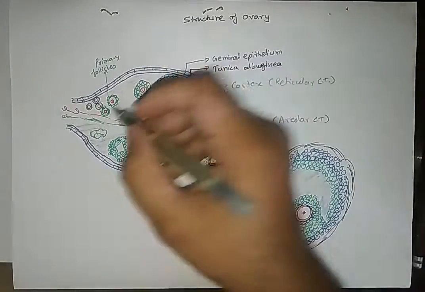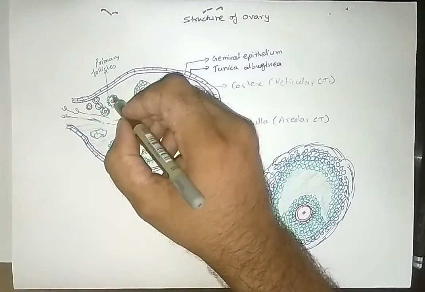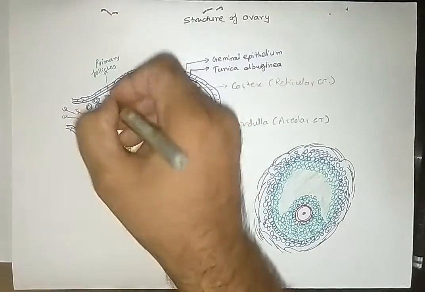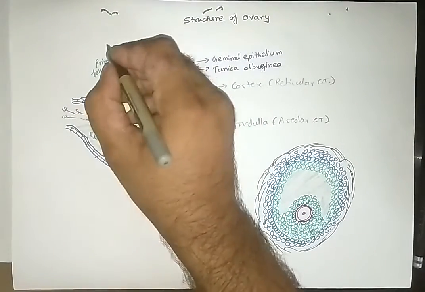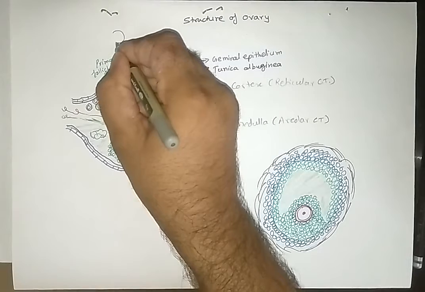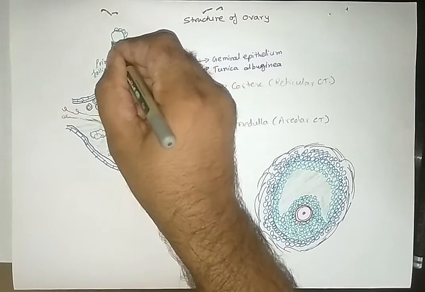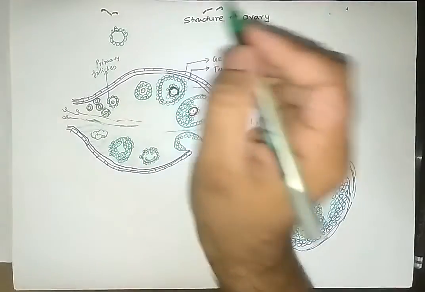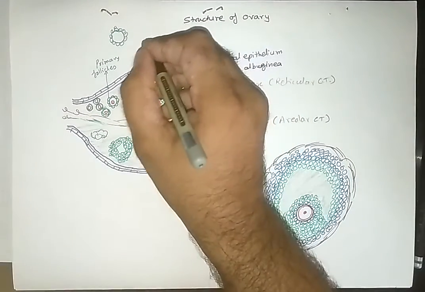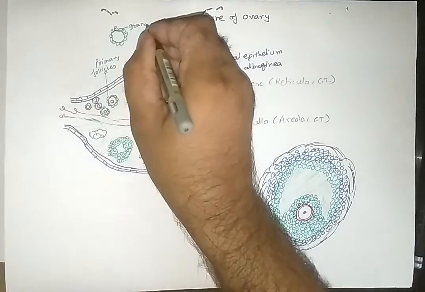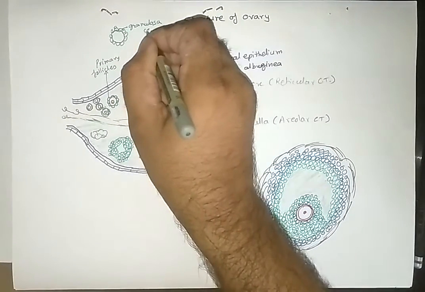Now what is the structure of a primary follicle? We will zoom in on this region. This is the outer region, a layer of cells, and these cells are called granulosa cells.